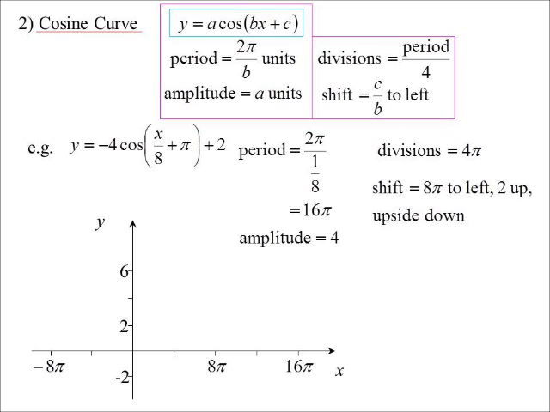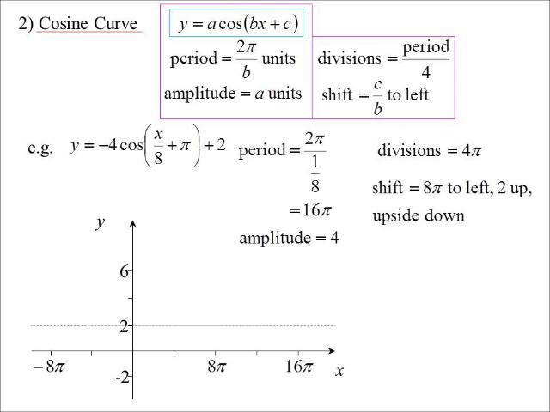Okay. I've drawn in a horizontal line there because, instead of winding around the x-axis, because we've shifted up 2, it's going to wind around the line y equals 2. And if the amplitude is 4, that means it'll go up to 6, down to -2. And let's mark off each 4 pi.